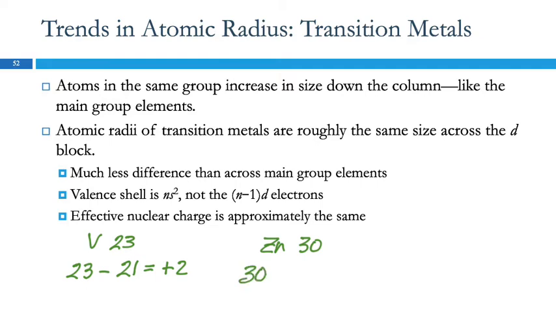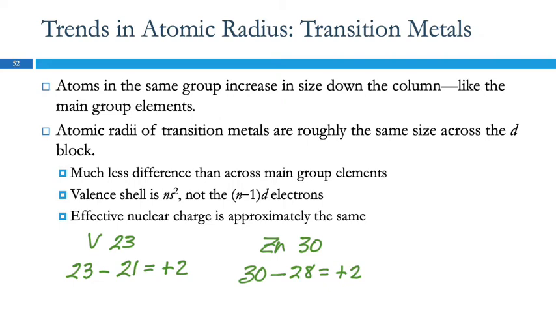Zinc has 30 protons. How many core electrons? Well, this is easiest to look at by how many valence electrons? 2. How many core electrons then? The rest of them, 28. This is only an approximation of the effective nuclear charge, but it's going to be the same as you go across because you're adding a proton and you're adding a core electron, not a valence electron.